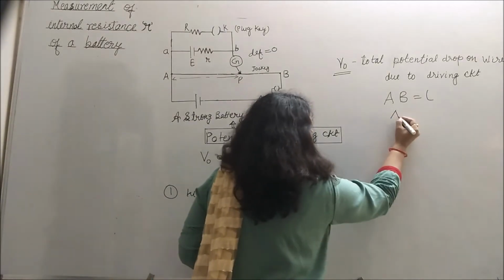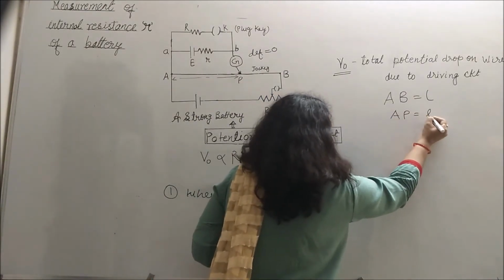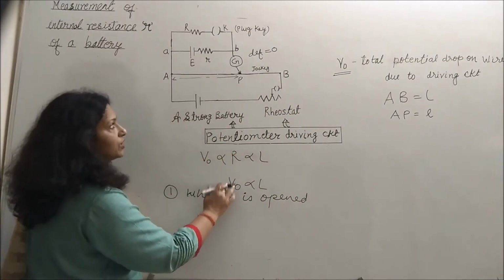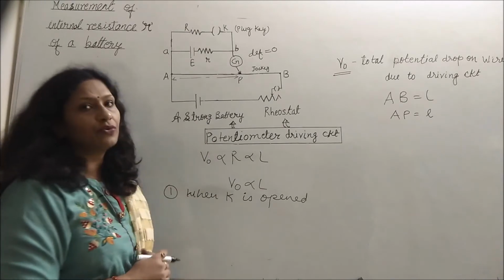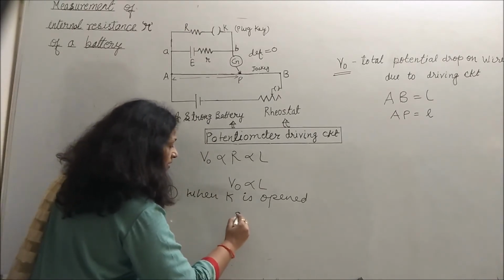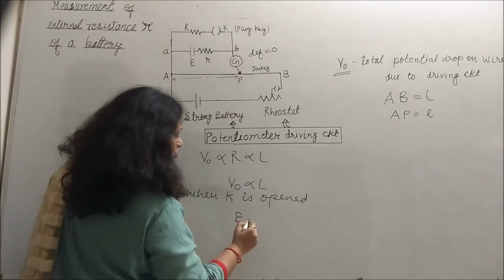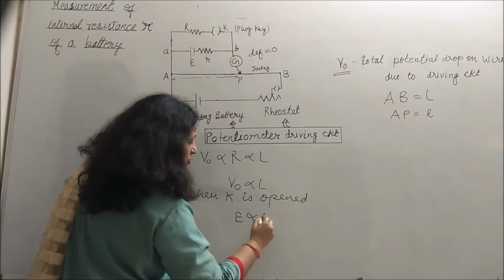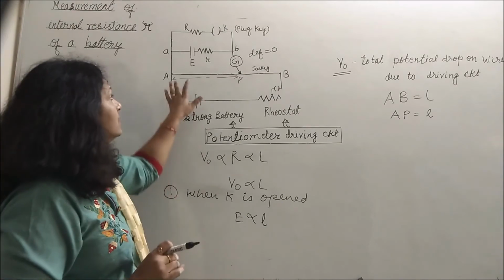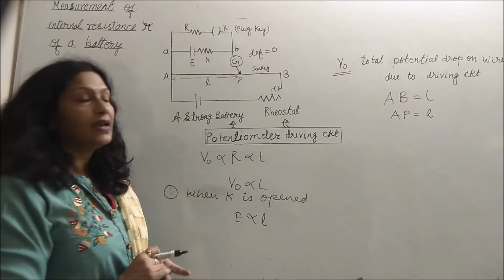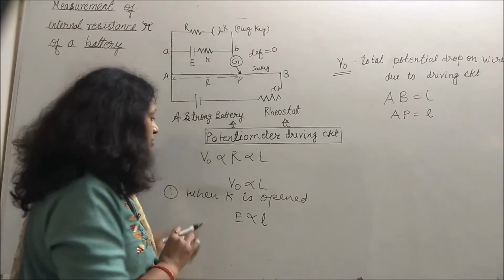Suppose it is small l. As we know, this potential is proportional to the length. Since only this battery is connected, its potential E will be proportional to the length l where the deflection is 0.